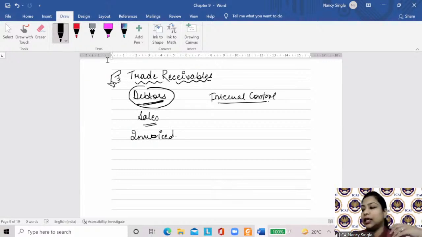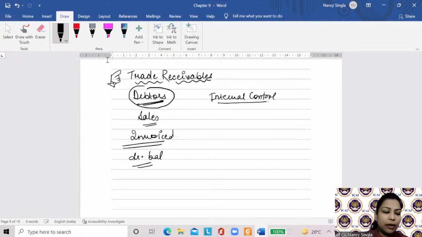Yes, students are saying sales. So these are issued to the customers, and this amount is recorded as what? Debtor balance. And this amount will remain recorded as a debtor balance until it is paid.